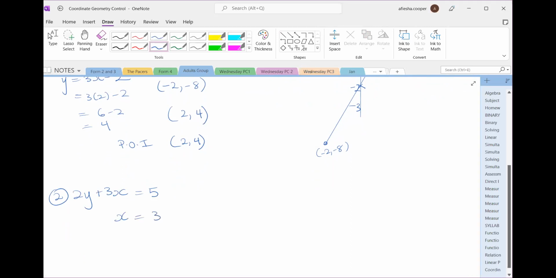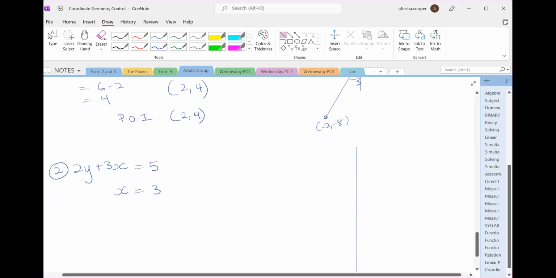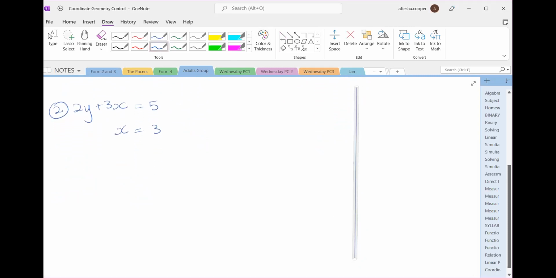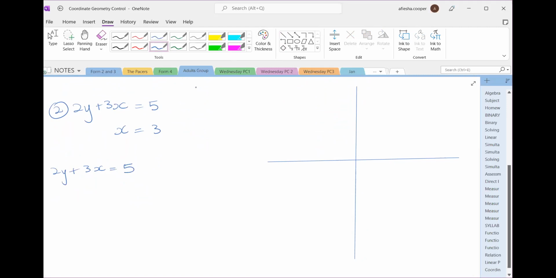We're trying to find the point of intersection, so we have to draw the graph for both of them. How do we plot the first one? 2y plus 3x equals 5.